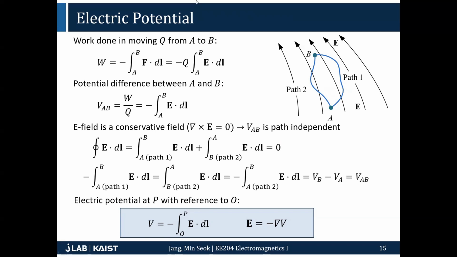So let's say V is from some reference point to R, E dot dl. R is a position vector. Then, okay, it can be not trivial for some of you.